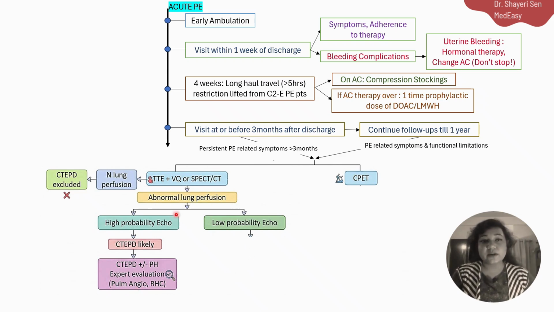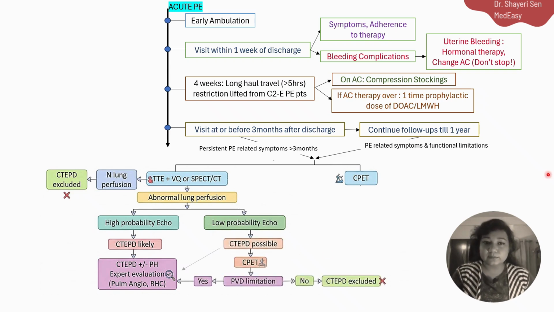Now, if I have an abnormal lung perfusion on VQ scan but a low probability echo, then CTEPD is still possible. And if I have CPET available, CPET is cardiopulmonary exercise testing, we are going to check for PVD limitation. What is PVD limitation? It means that the patient is showing exercise limitation due to a pulmonary vascular disease.